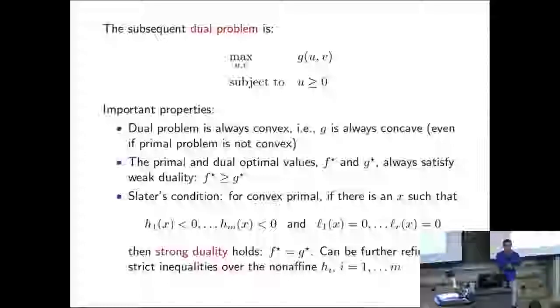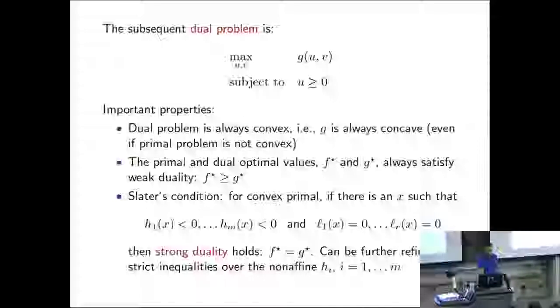So in the case of LPs, this g is going to be a linear function, but subject to a bunch of linear equality constraints. So we define it to be, let's say, negative infinity when those constraints don't hold, which means that actually we have effectively more than just this non-negativity constraint on u. Okay, so the dual problem itself can have rich constraints. They're just hiding in the notation we have for the dual function here. Okay, it's going to be negative infinity outside of its domain.